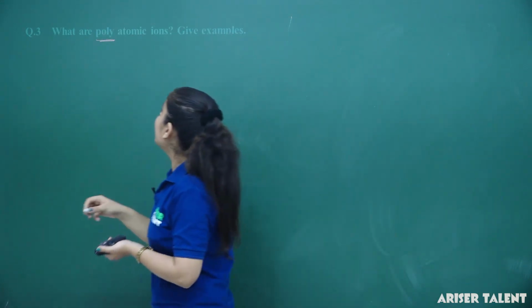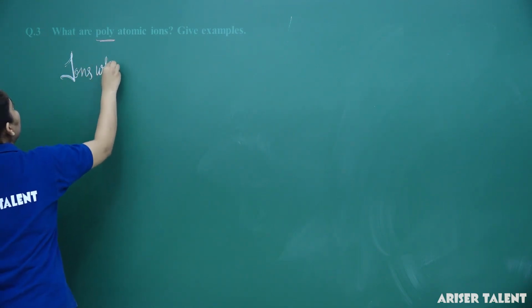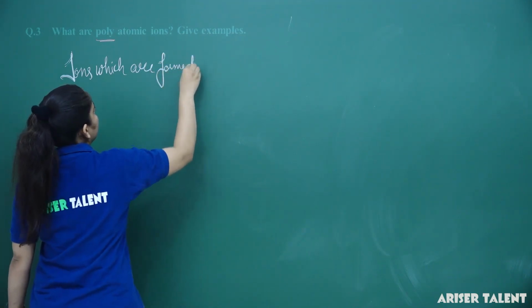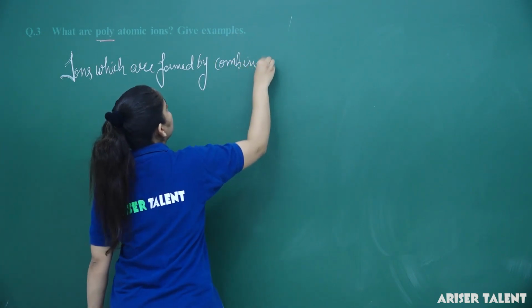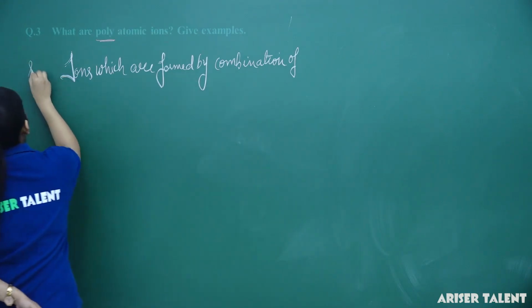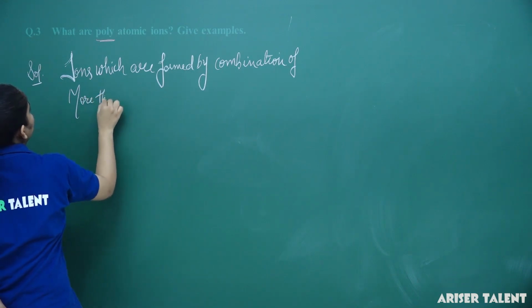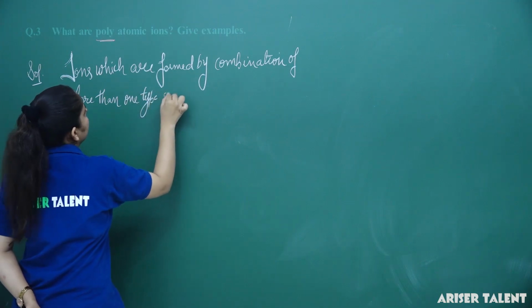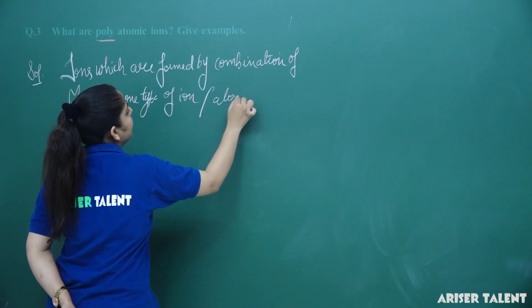So, polyatomic ions are the ions which are formed by the combination of more than one type of ion. Or it may be more than one type of atom.